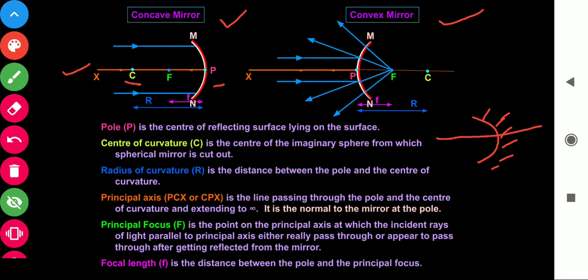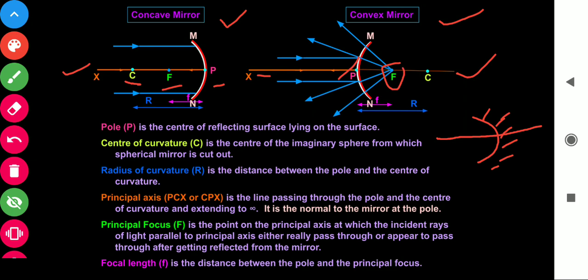P is pole and C is center. Similarly, in case of convex mirror, the line is principal axis and center C, P is pole and its midpoint is focus.